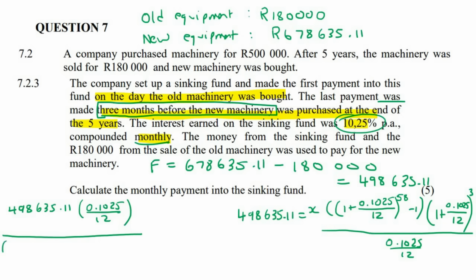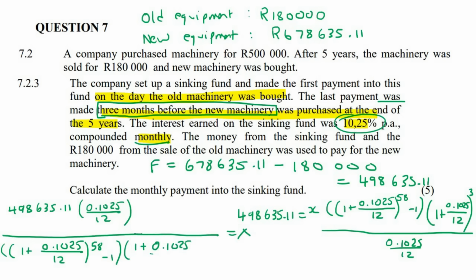Okay, so you'd say 1 plus, it's a double bracket, 1 plus 0.1025 over 12, minus 1. And so that's 0.1025 over 12, and then all of that is to the power of 3.